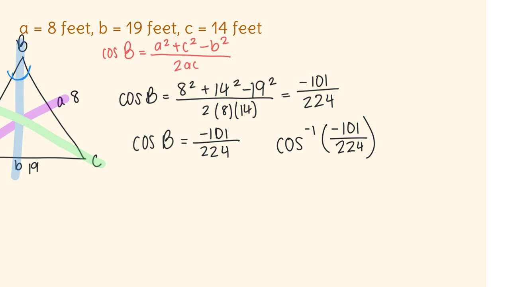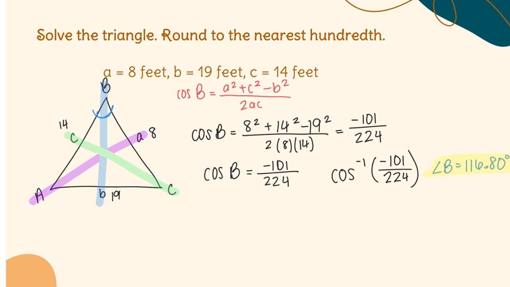If you plugged it in correctly, your answer should have been, this is for angle B. Oops, let me get a pen. Angle B is going to equal 116.80 degrees. All right, so this should have been your answer for angle B. If you want to write it in, you can.